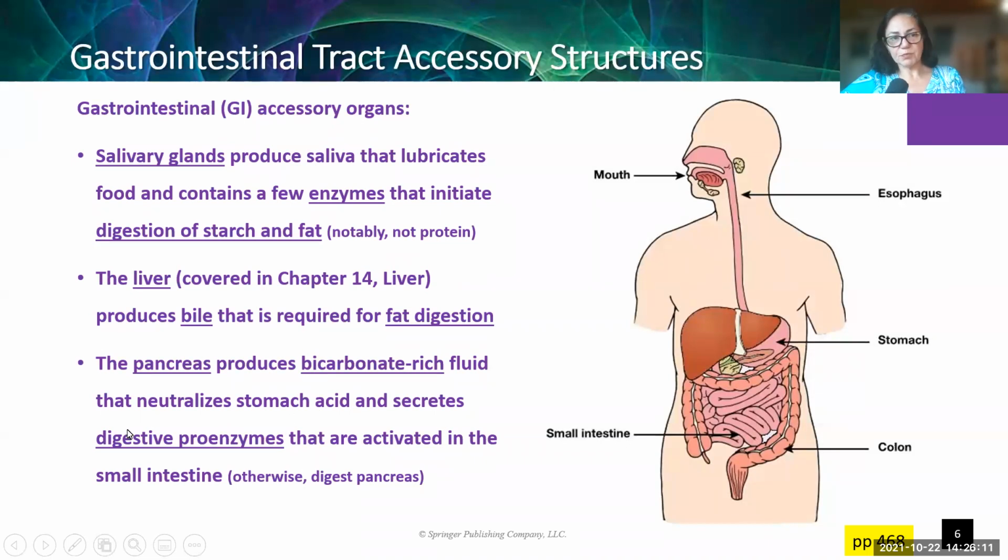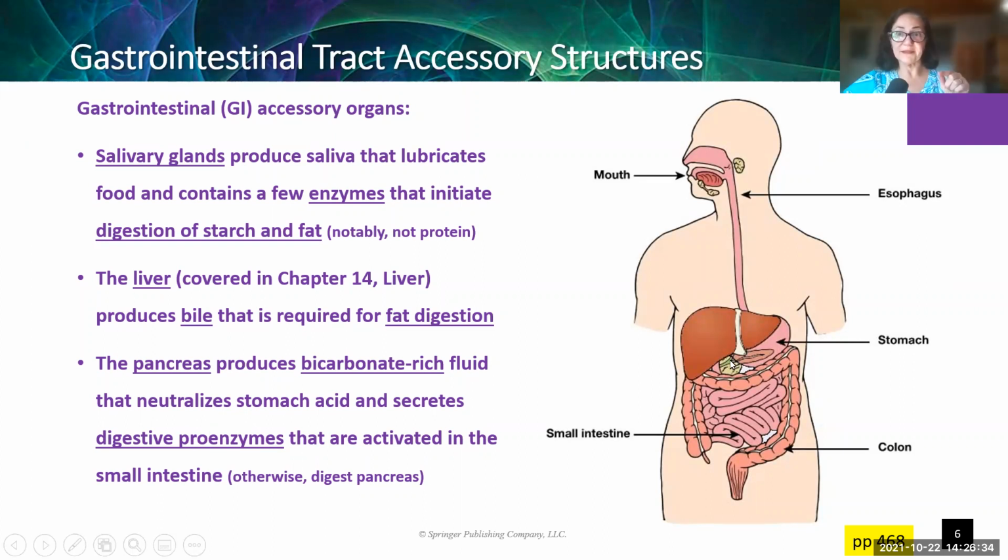And then very importantly, and we'll get to this in more detail, are the digestive enzymes that are produced by the pancreas. Here, we're calling them proenzymes because they're not activated yet. Remember I said the reason we don't have proteases in the mouth, the enzymes to digest protein, is because it would start digesting the mouth. Same goes in the pancreas.